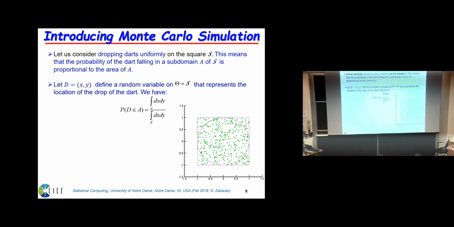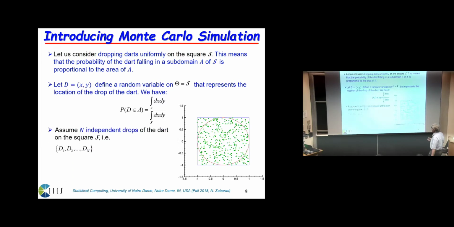Would you agree with me that, because I am doing this experiment uniformly on the square, the probability that D will land in the circle is the area of the circle divided by the area of the square, all right? Because I do it uniformly, okay?